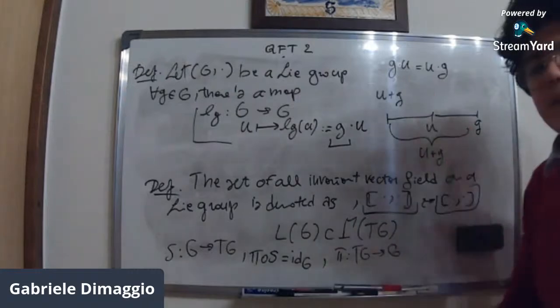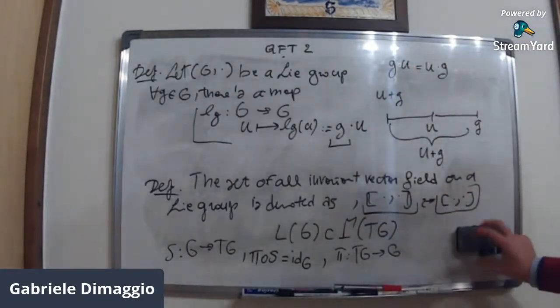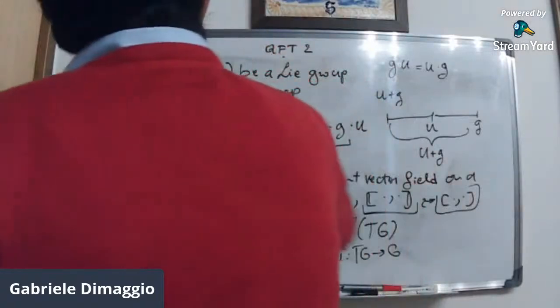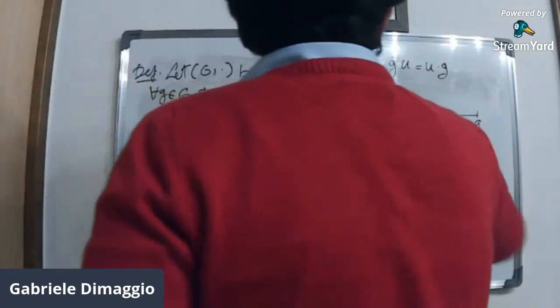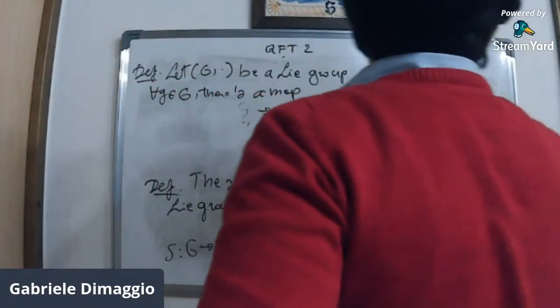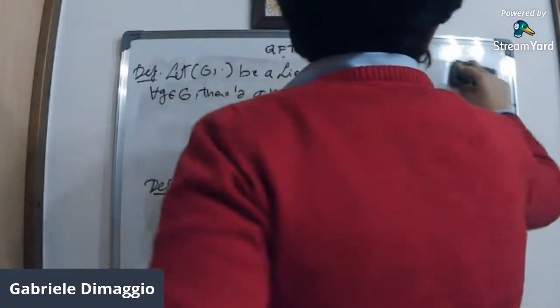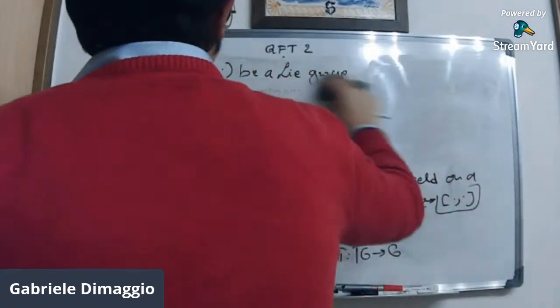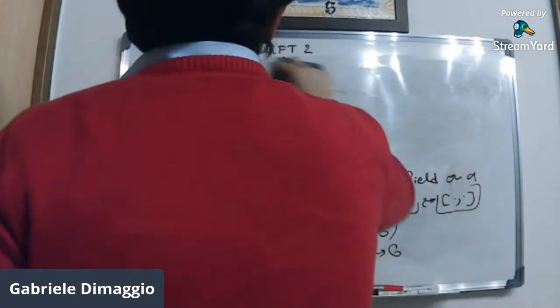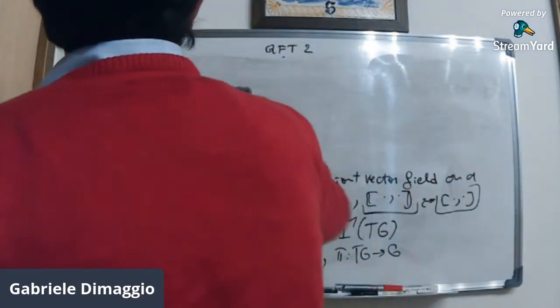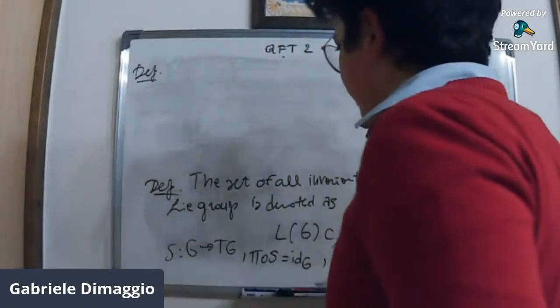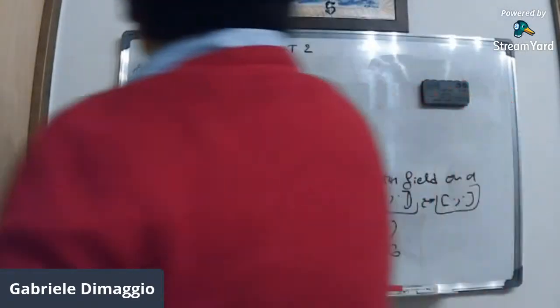Which are the properties of this Lie bracket? Let's see these properties.